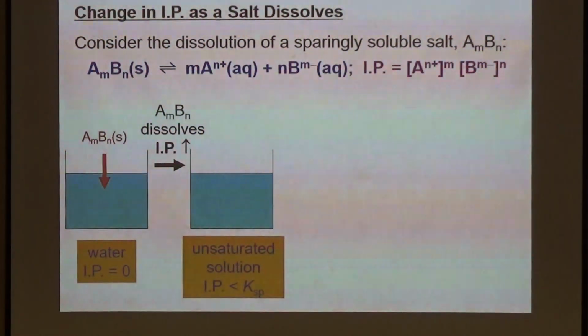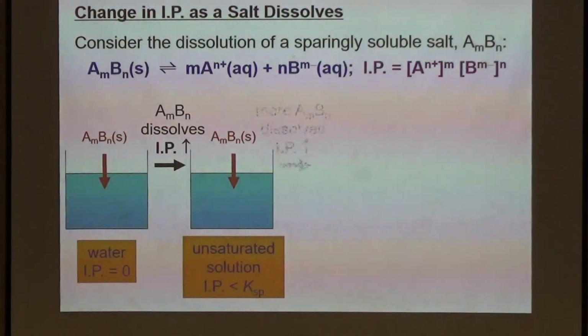I want you to think of KSP as a number, a value that cannot be exceeded, a maximum for a particular temperature. When you calculate the expression, it cannot exceed that number, otherwise it precipitates out. Think of it that way.